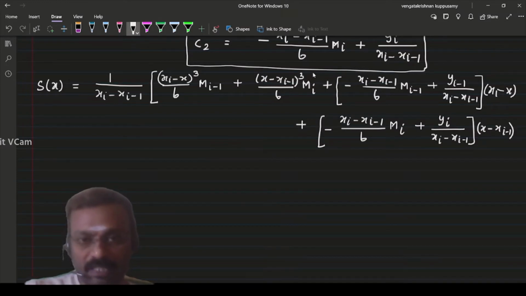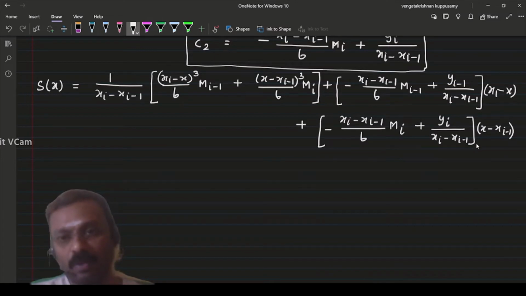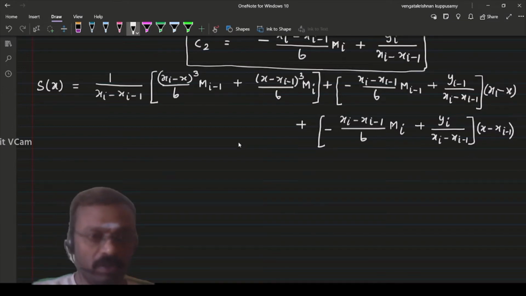So now we just collect the terms. Collect the cube terms and then the m_{i-1} terms and the y_{i-1} terms. So we have this is equal to 1.